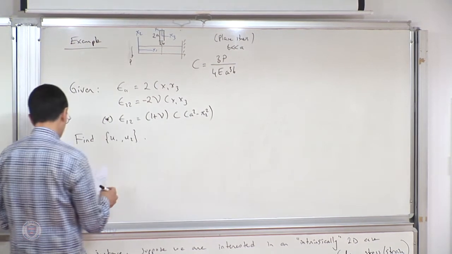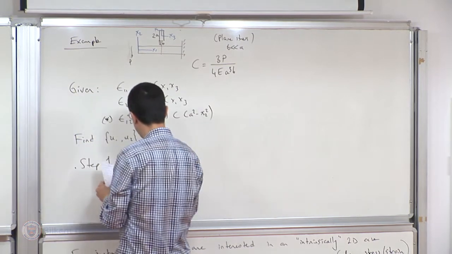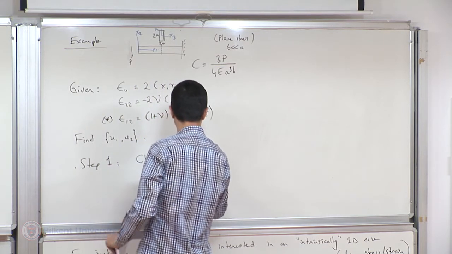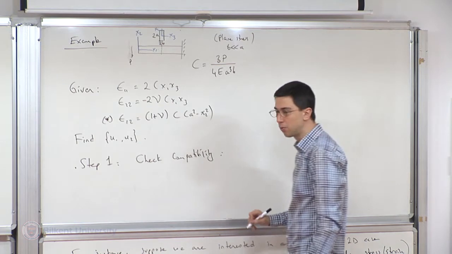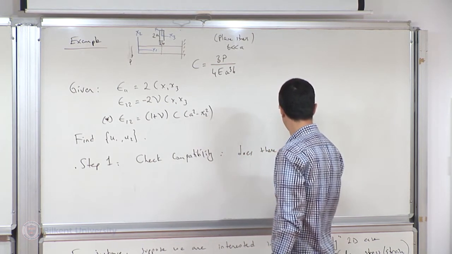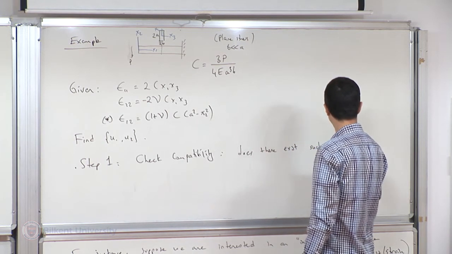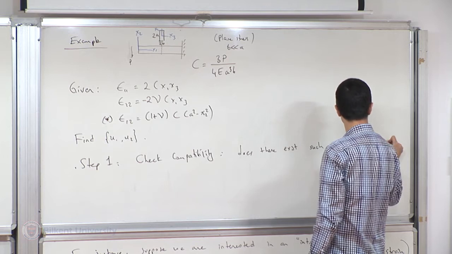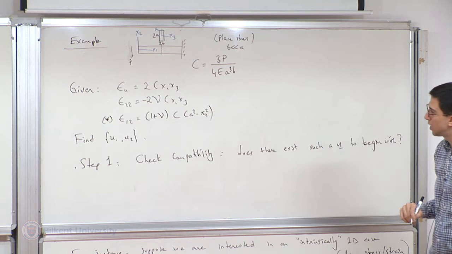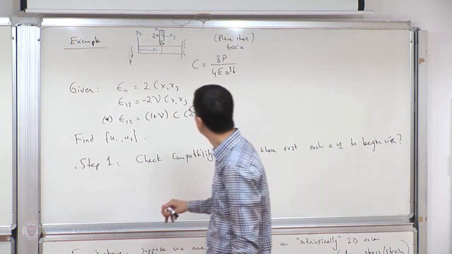Okay? So to solve, let's begin. Step one, check compatibility. So in other words, does there exist such a U to begin with, right? And in this case, we are a little bit lucky because these conditions are trivially satisfied.